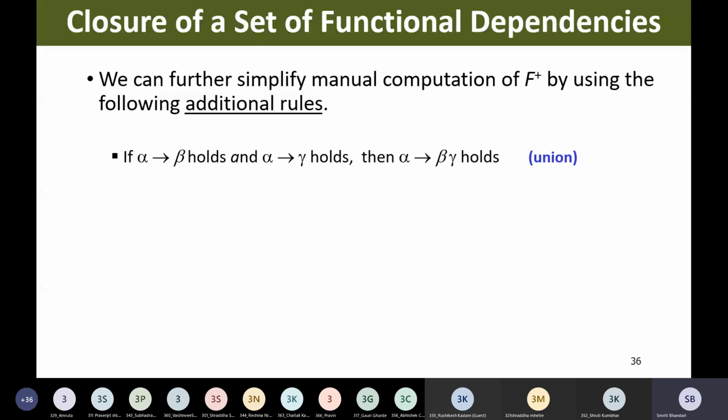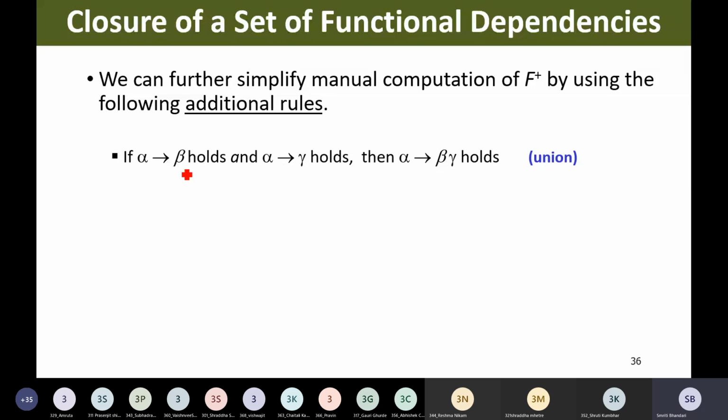Let us go through the additional rules other than Armstrong's axioms, and these rules can be developed by making use of Armstrong's axioms, right? So we can prove how we are coming up with these rules by making use of Armstrong's axioms, right? So these additional rules, first is the union rule.